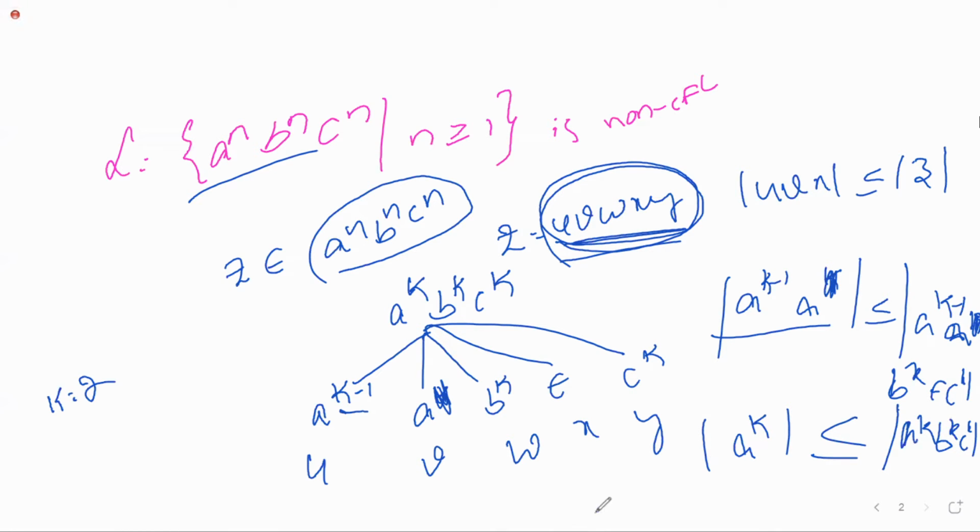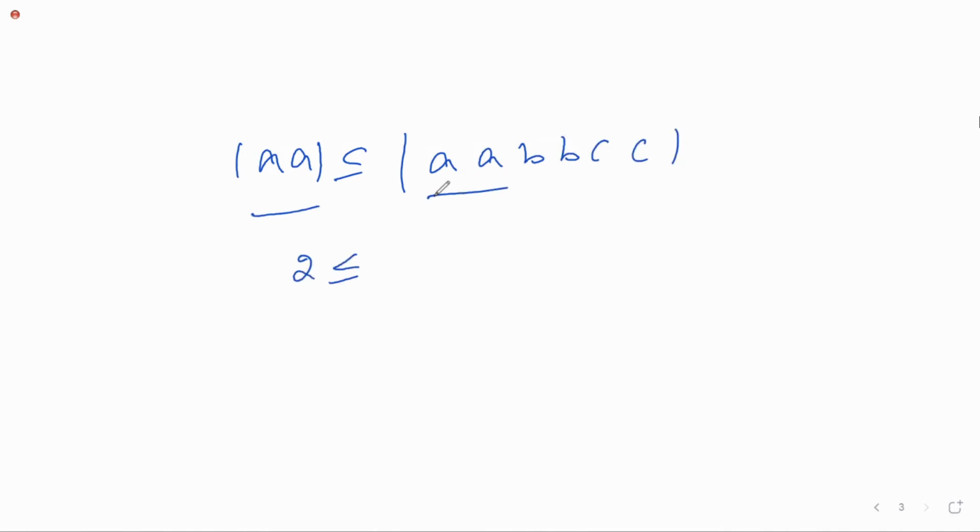Suppose I have assumed a power 2, b power 2, c power 2, which means aa, bb, cc. What is the length of VWX? 2 is less than or equal to what is the length here? 6. Is it true or false? True, ma'am. That is the first constraint.